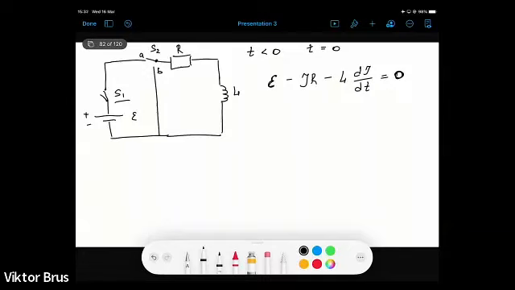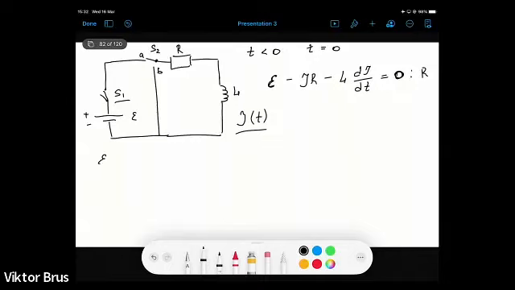Now we can proceed with the solution of this differential equation, because we want to know current as a function of time. In order to get this function, we need to solve this differential equation. First, let us divide this equation by resistance R in order to rearrange it a bit and make it more suitable for us.